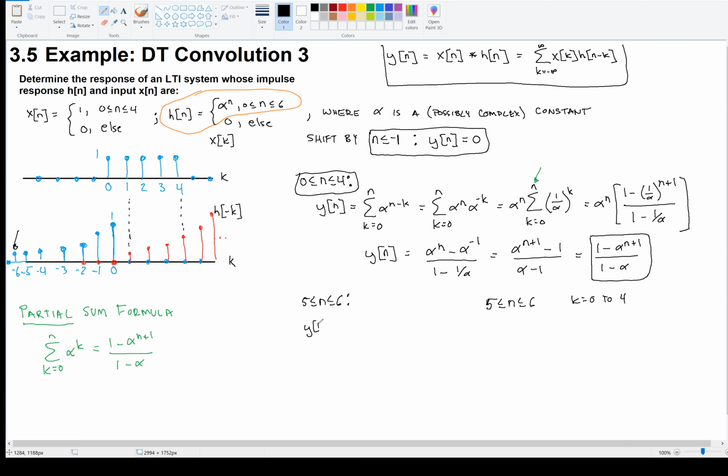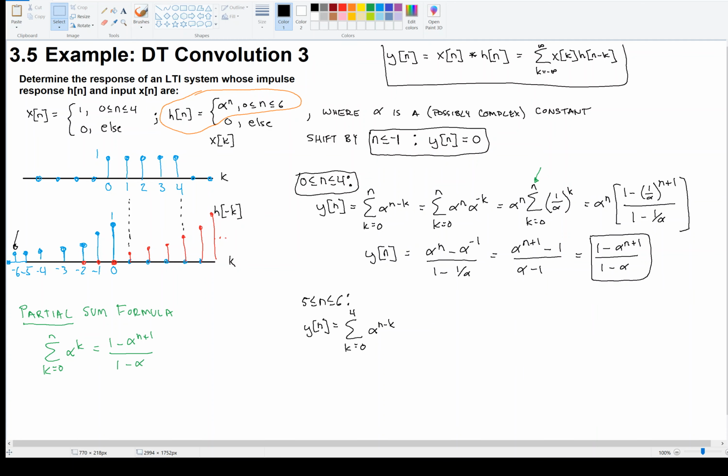My convolution sum becomes a sum, k goes from 0 to 4. X is 1 in the non-zero part. H, which I've got outlined in orange here, is alpha to the n minus k. Okay, that's h of n minus k.